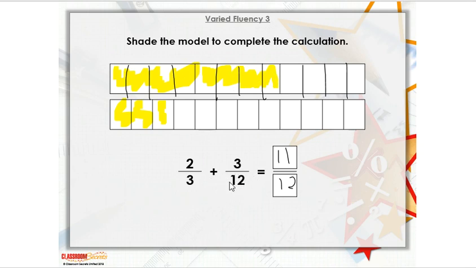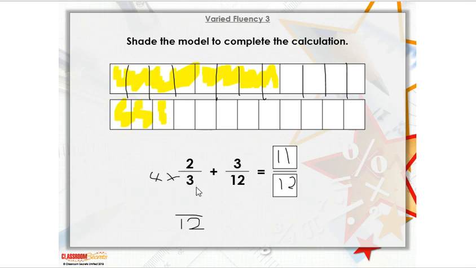Let's have a look. 12 is our largest number. Can we use 12? Is 12 a multiple of 3? Yes, it is. What do we do to turn 3 into 12? We multiply it by 4. 4 times 3 is 12, so we now have a family fraction of 12 for our denominator.